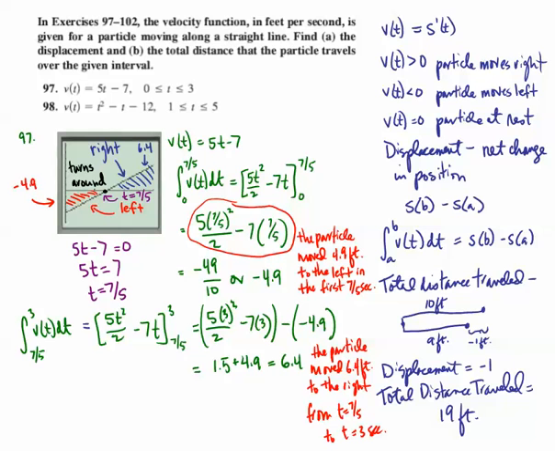And so what that means is that, just like our diagram previously, we started out at a point, we moved 4.9 feet to the left. We turned around and then we moved 6.4 feet to the right, leaving us with a net change in position of positive 1.5 feet.